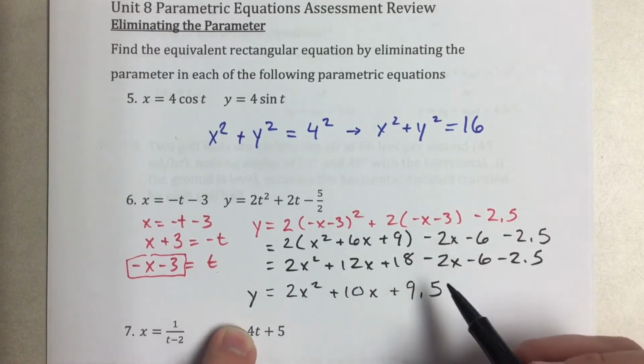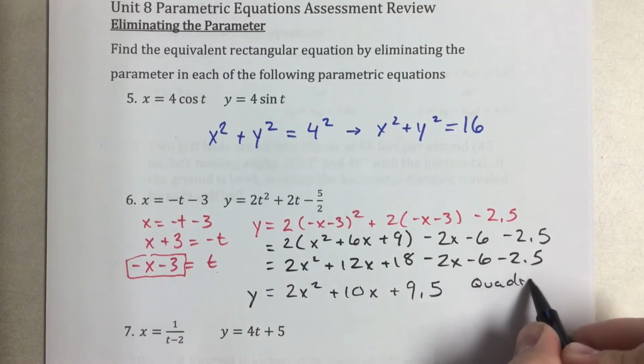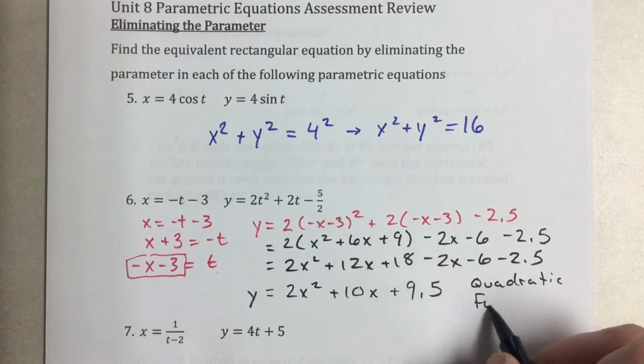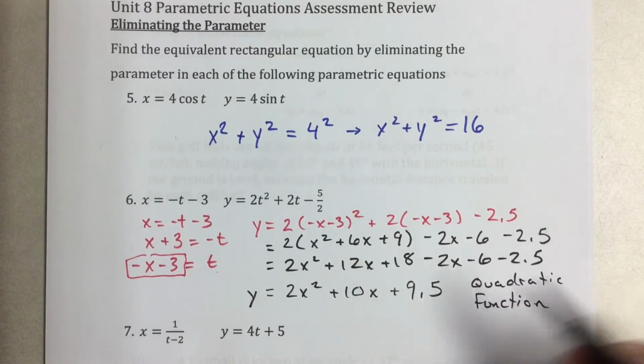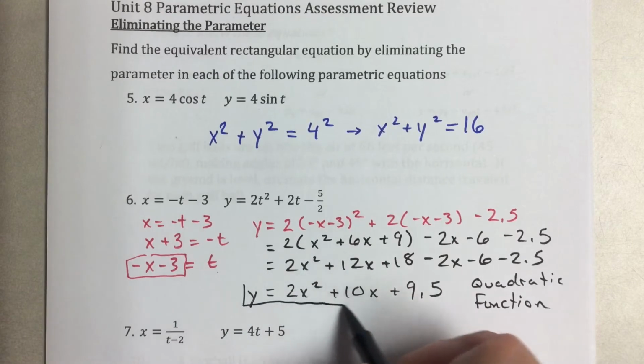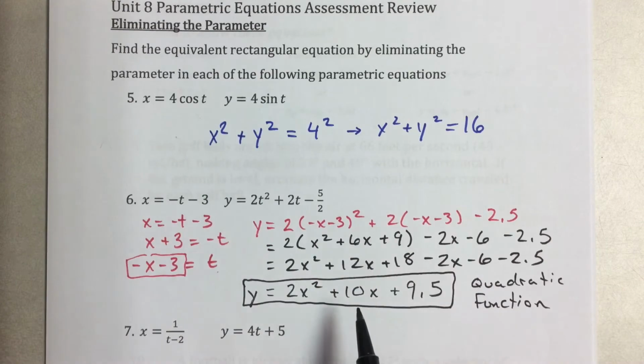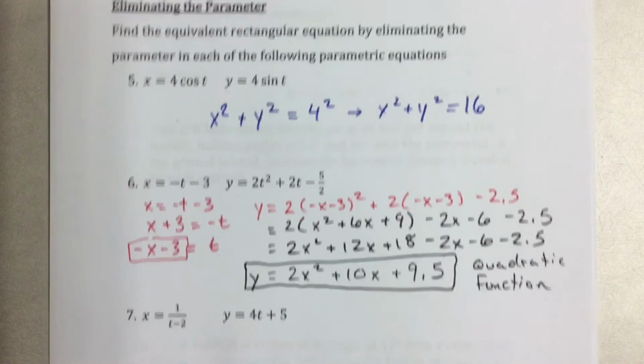And we identify that we have a quadratic function. It's good for us to know what we get when we eliminate the parameter. If we were to sketch the graph for this parametric equation, we would get this graph, a quadratic.